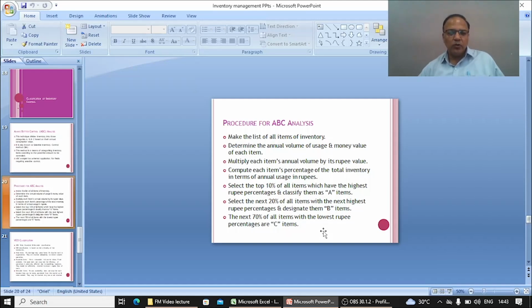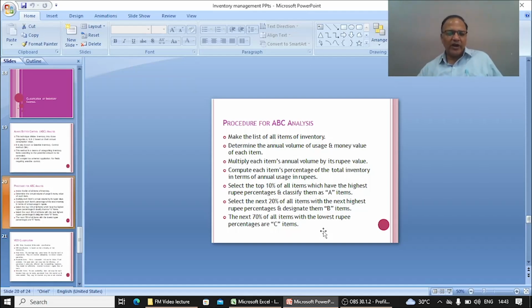Now you have to find out the percentage of this item. It is around 10% in terms of money. So again, you have to find out the second, third, fourth, fifth, sixth, and all 20 items, and find out how much percentage they have. After that, select the top 10% of all items which have the highest rupee percentage and classify them as A items.